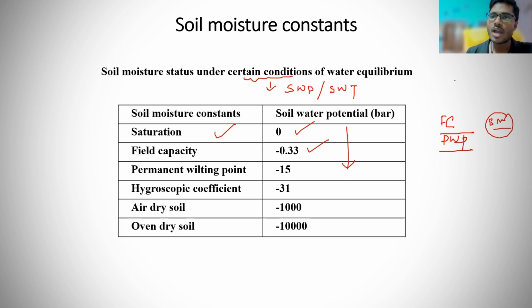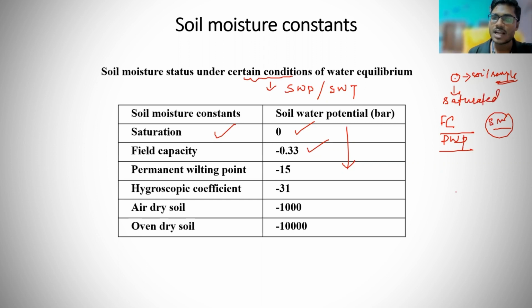For example, suppose we have taken a soil sample and we don't know the moisture content at the point when we took it. But we have to determine the moisture content at field capacity. So we'll saturate that soil sample by adding water to it.